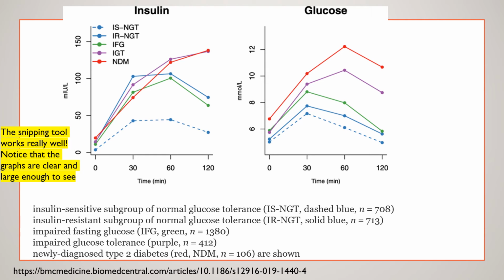The big problems are the impaired glucose tolerance, which is purple. When somebody has impaired glucose tolerance, you have to throw out a lot of insulin, and it keeps rising up to 120 minutes. Your glucose level is rising, still rising at 60 minutes, and then it starts going down because you've got this massive amount of insulin that's been secreted by the beta cells.